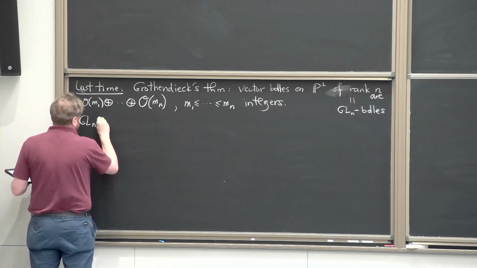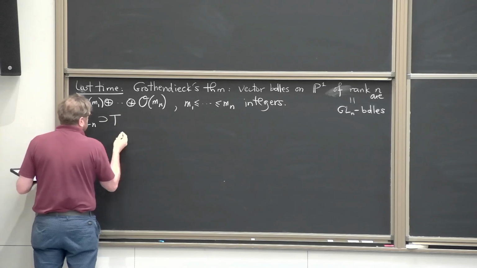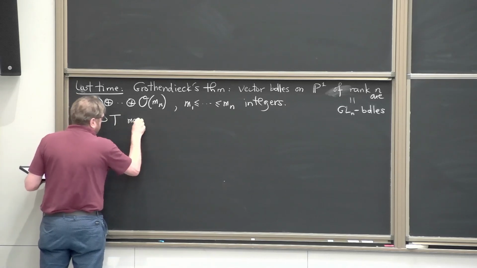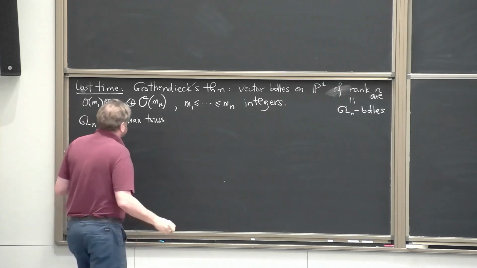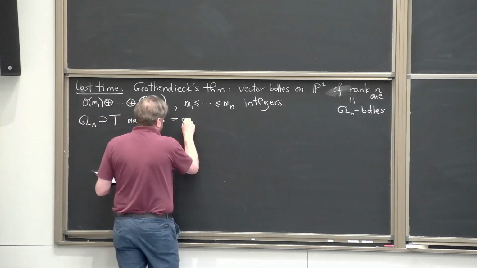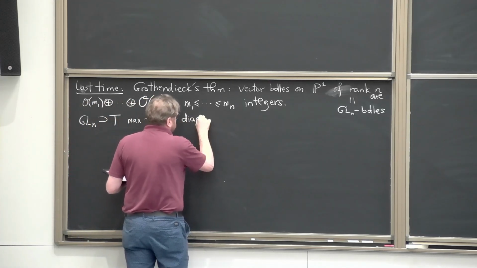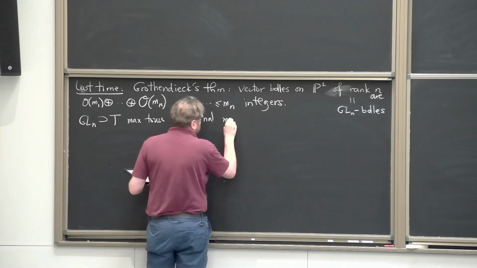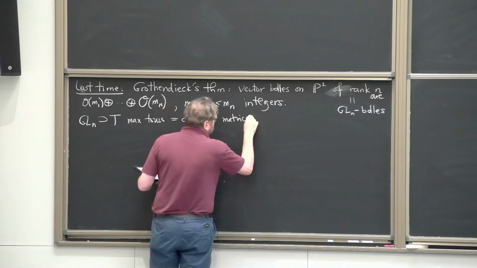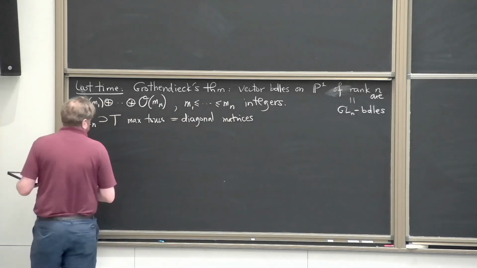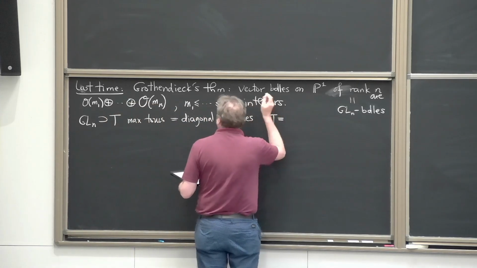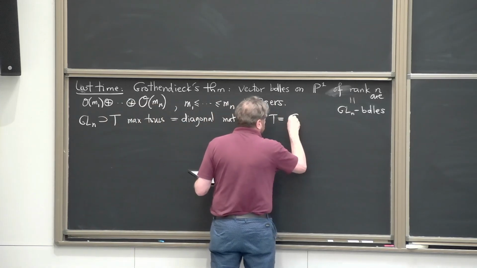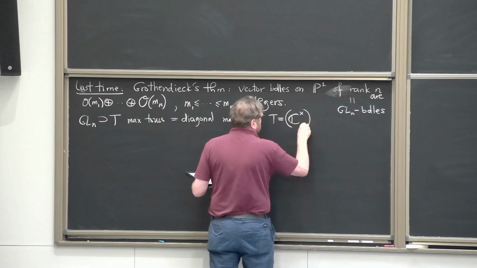So it contains a maximal torus T, which is diagonal matrices with non-zero entries on the diagonal. And so T, let's work over complex numbers, is going to be C star to the n.